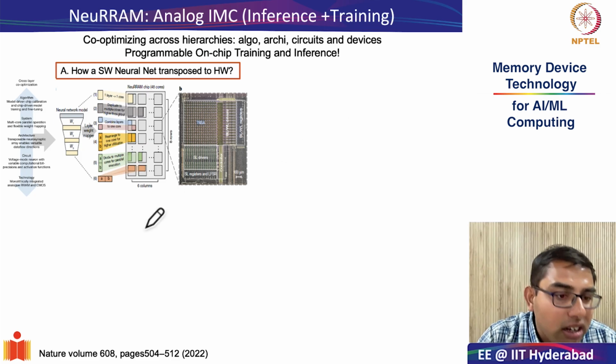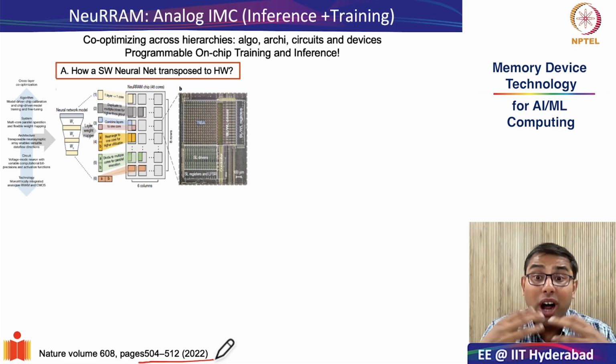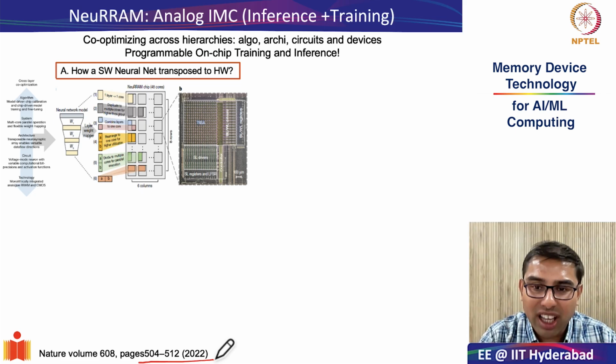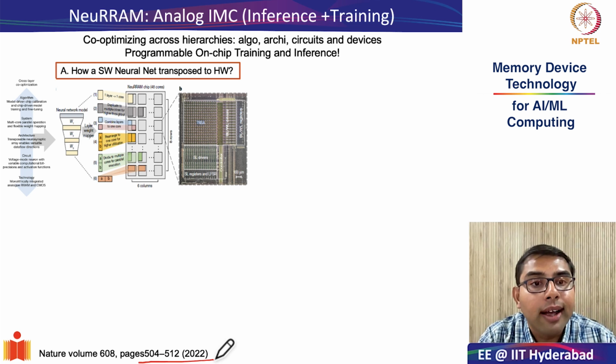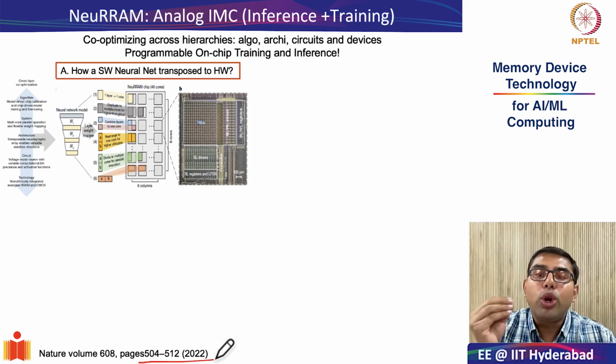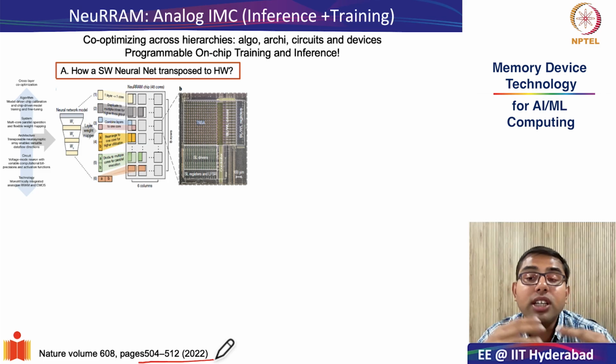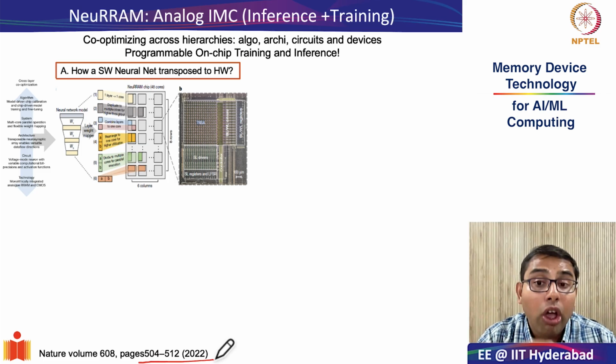I really encourage you to read this particular paper that I have marked out for you in order to understand the true complexity and true nature of challenges that they have overcome to do a great design in analog in-memory computing. So before we go into the sub-blocks, let me very clearly articulate the meaning of co-optimization.